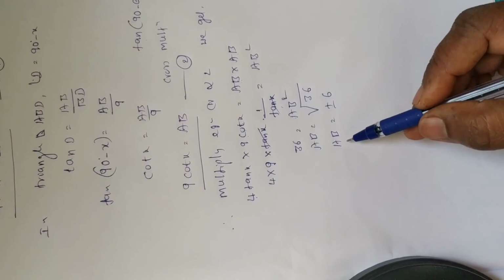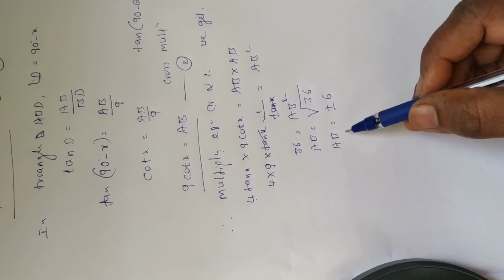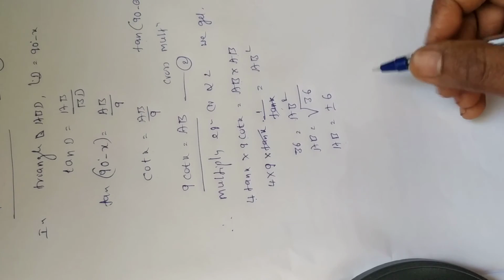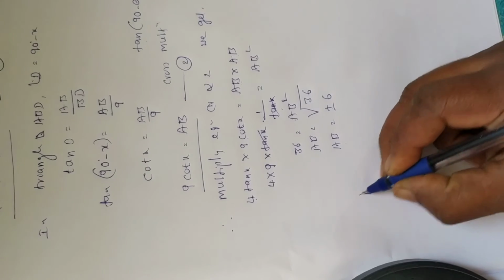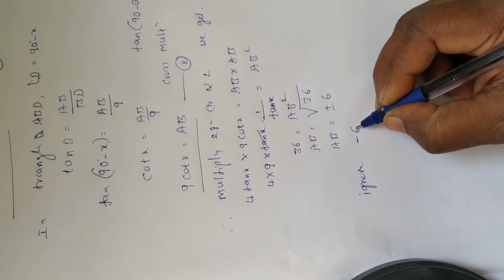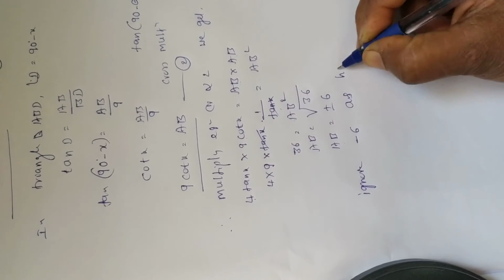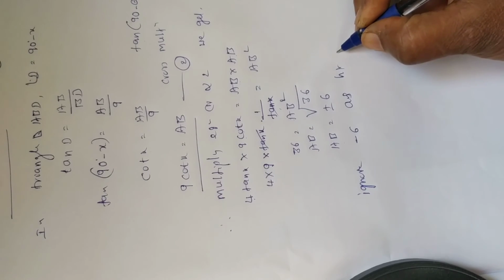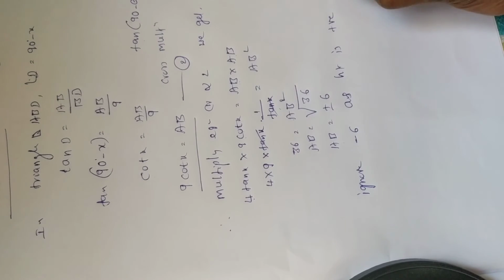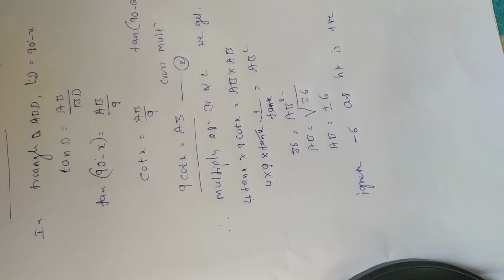So, here ignoring negative, because the height of any object is always positive. So I ignore the negative value minus 6, as height is a positive quantity. You can't express any object's height using a negative quantity.